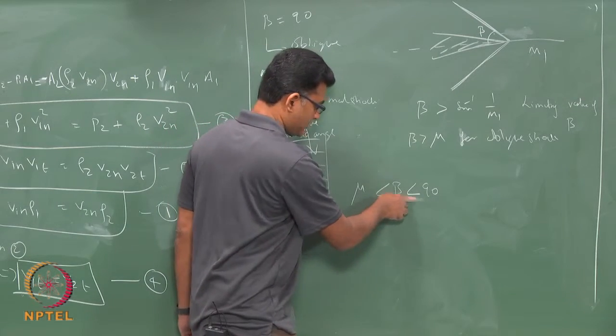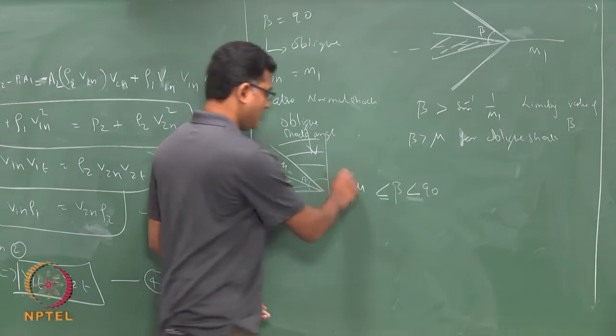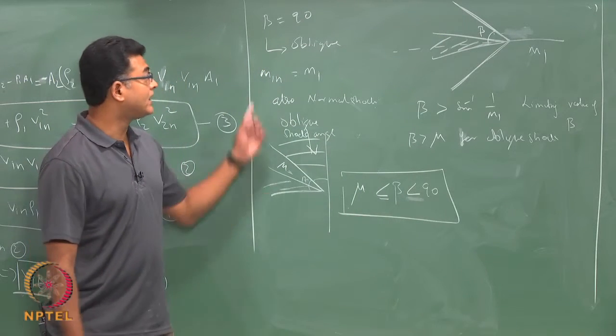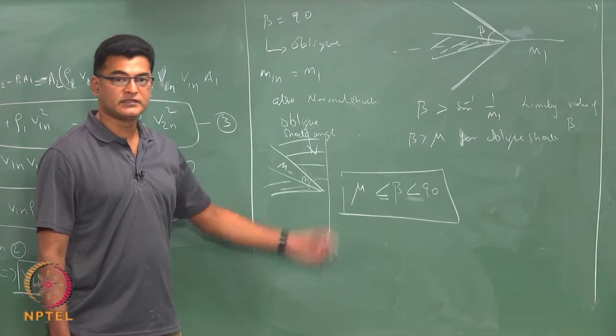Equal to 90 is a normal shock. So, beta should be between these: the beta max is 90 degrees, and the beta minimum is mu.